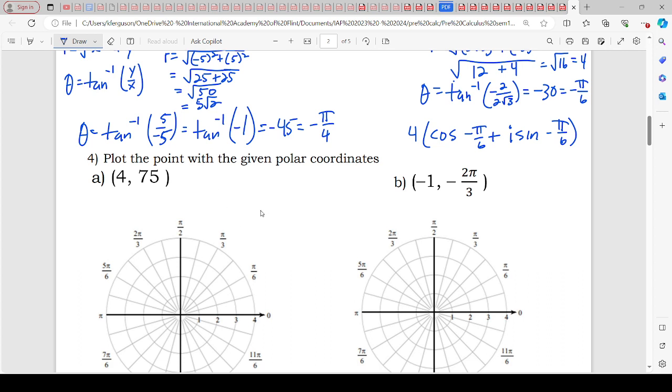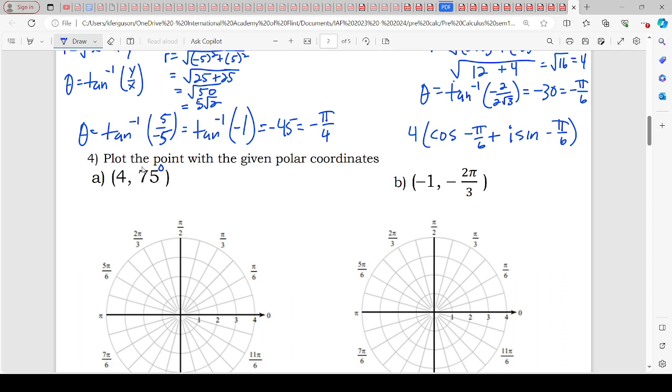Now I got to use polar coordinates to graph something. The second thing is angles. Each one of those hash marks is 15 degrees, or pi over 12.